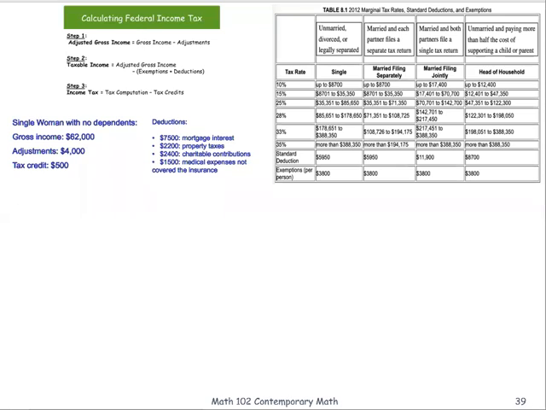Step one, we work on finding the adjusted gross income. Starting from the gross income provided by the problem, I'm going to put a note here.